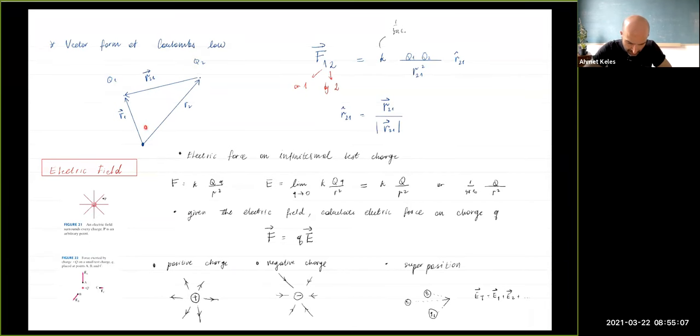Suppose this is our origin, with some coordinate system X, Y, Z. I want to call the location of the first charge R1 and the location of the second charge R2. And the difference between them, let's call it R2 minus R1, which is this vector.